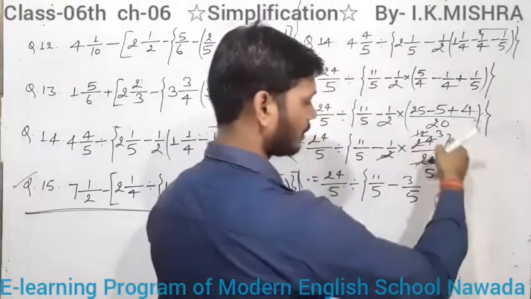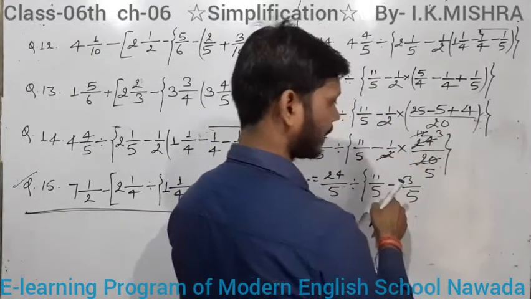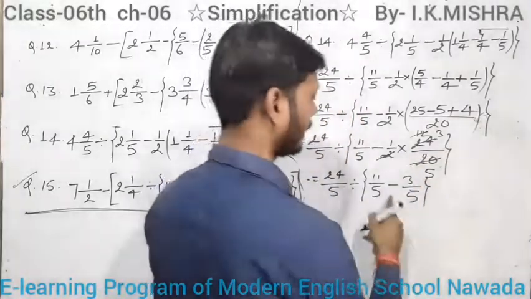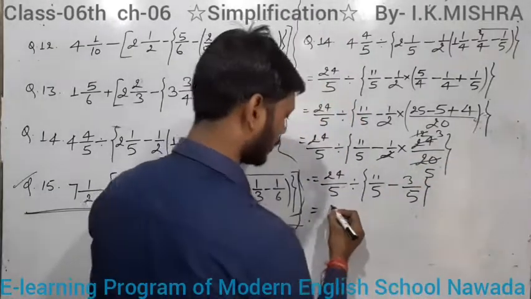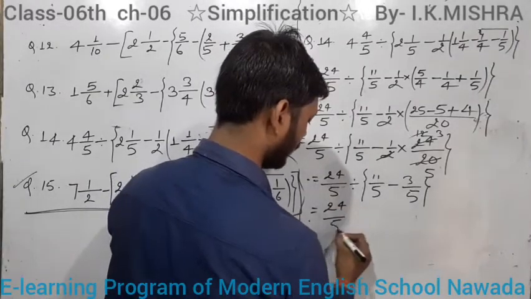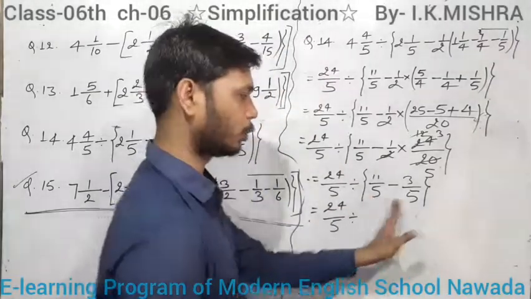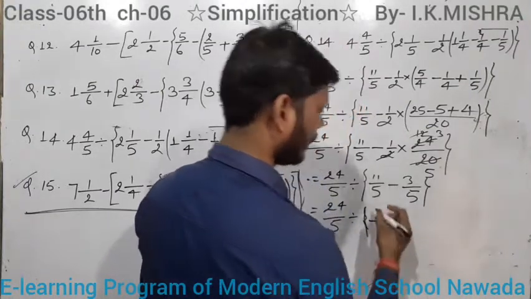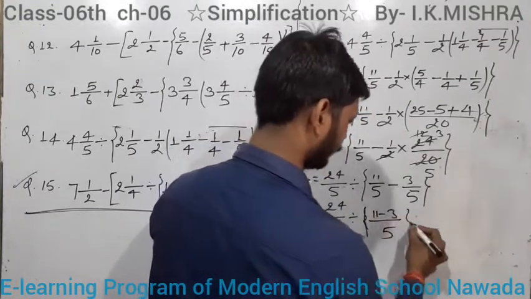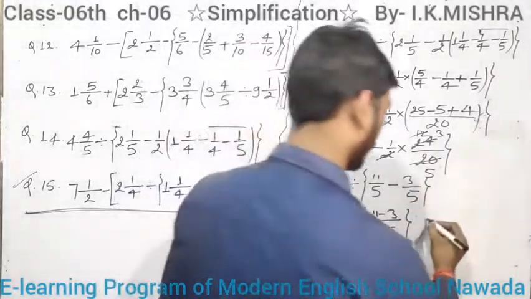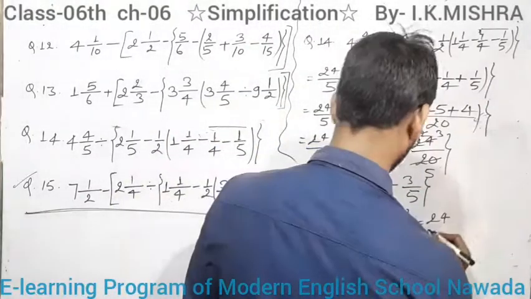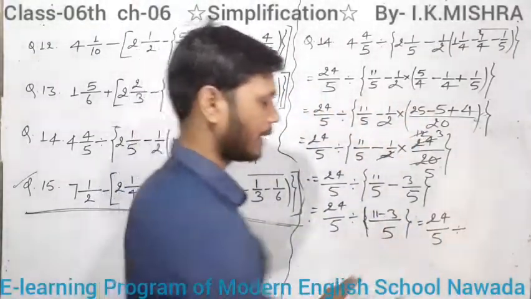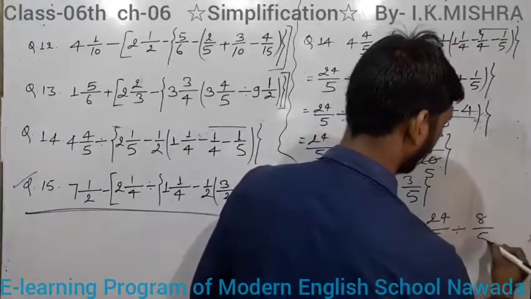All of these operations, the minus sign is given and the operation is done. So 3 by 5. After that, friends, 24 by 5 divided by, do the operation. LCM is equal to 5, and 11 minus 3. Here 24 by 5 divided by, do the operations, and here 8 upon 5.